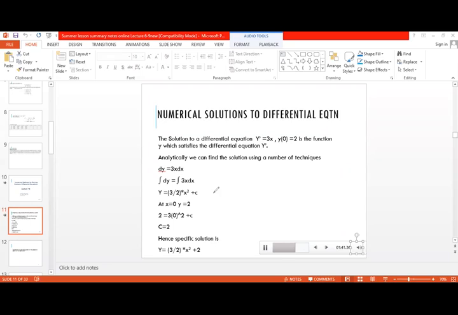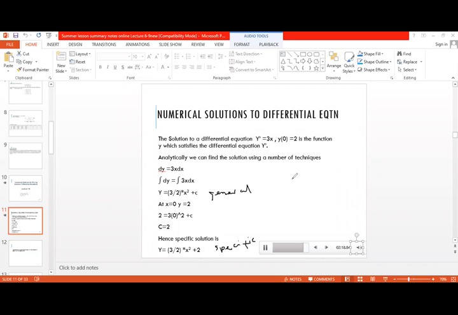But given the initial conditions, at x equals 0, y was equal to 2, we can find c by substituting the values of y and x into the general equation to get c is equal to 2. Hence the specific solution to the system is y is equal to 3 over 2 x squared plus 2.